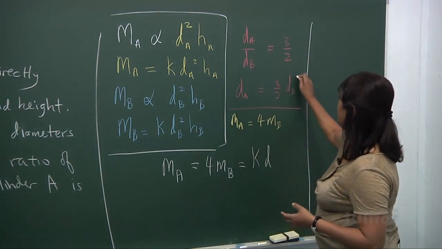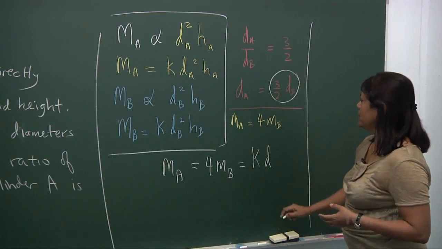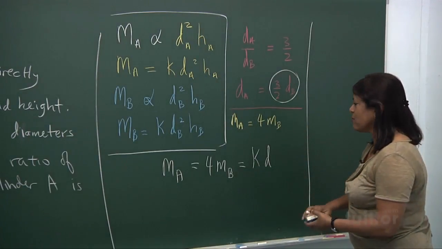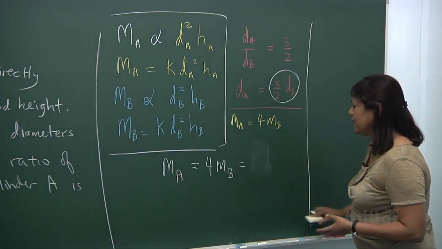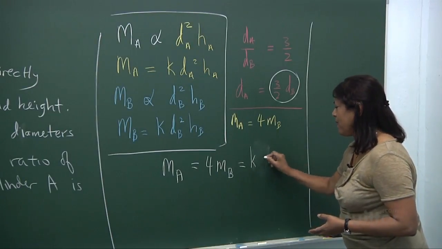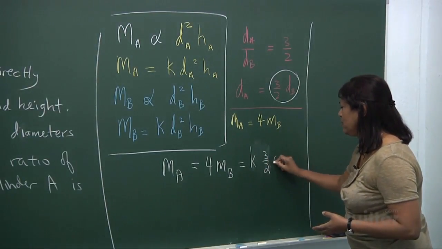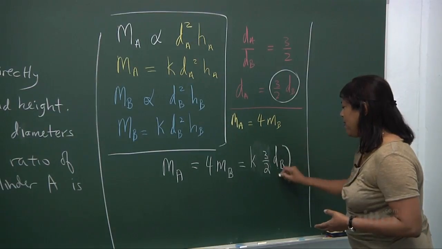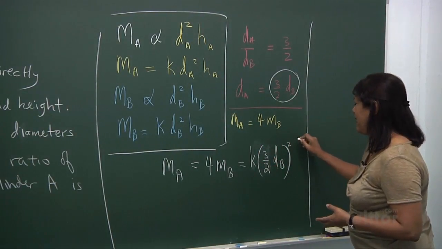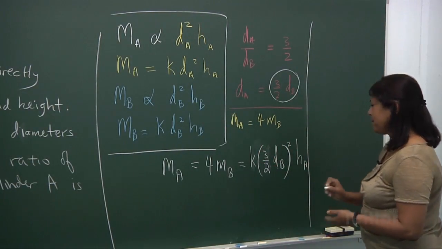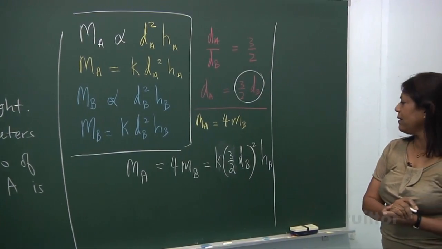What's your dA? 3/2 of dB. So write it clearly and distinctly, we want to compare it. It's 3/2 of dB, squared, and HA. So we put it that way.